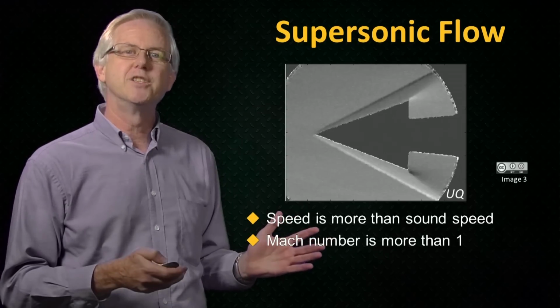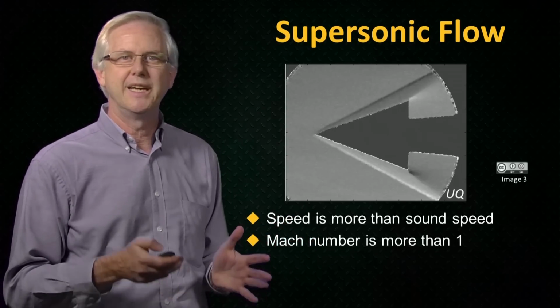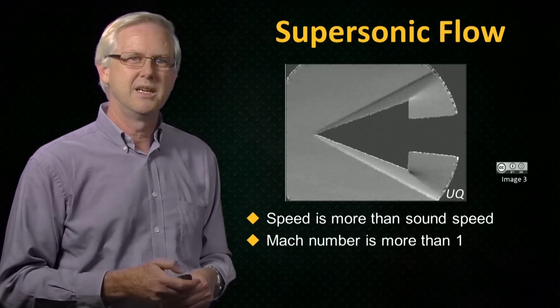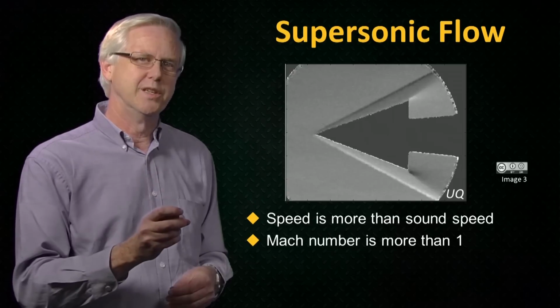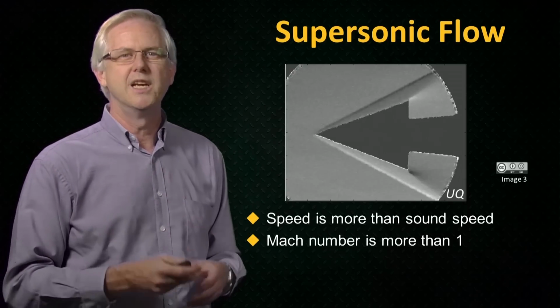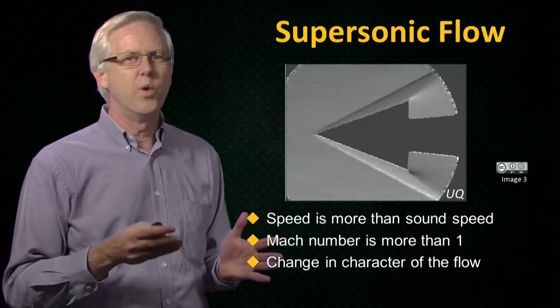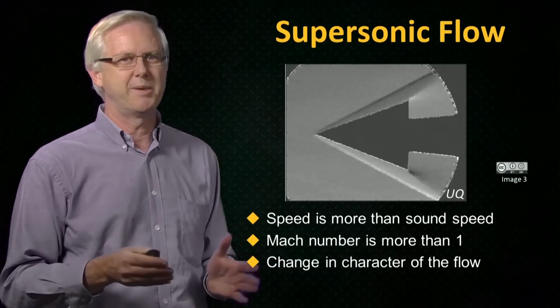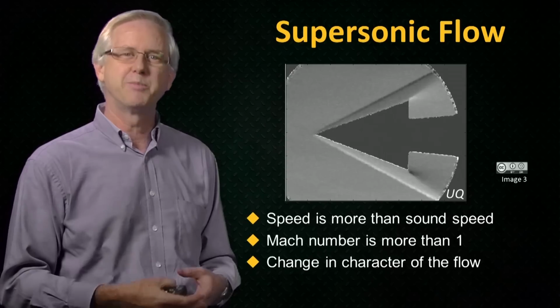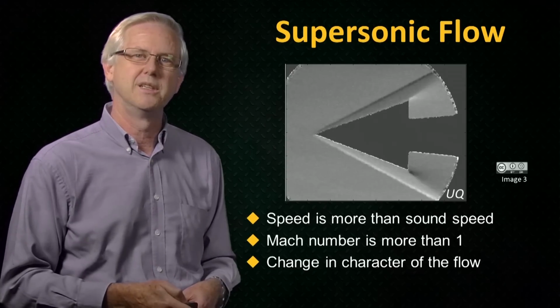This image shows the flow around a sharp cone in a gas moving at almost 4 times the speed of sound. There are some important differences between subsonic and supersonic flows. Some strange results occur when the flow speed is more than the speed of sound. And some of these seem counterintuitive from our experience with low-speed flows.